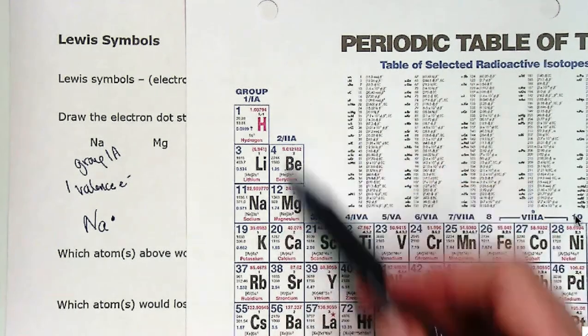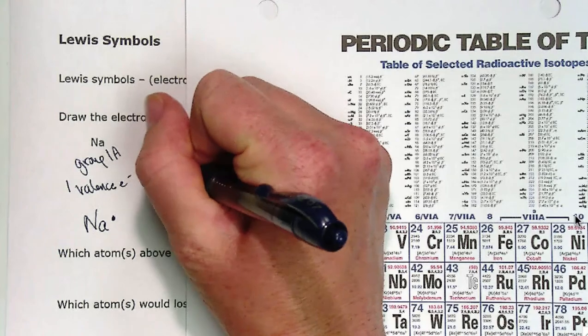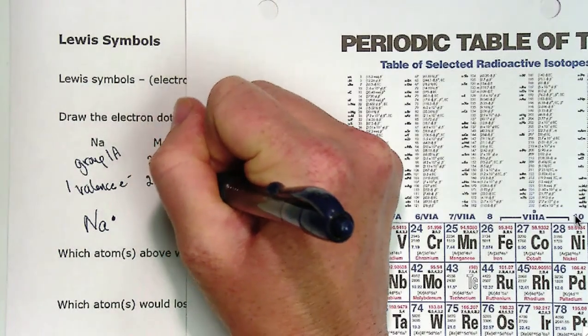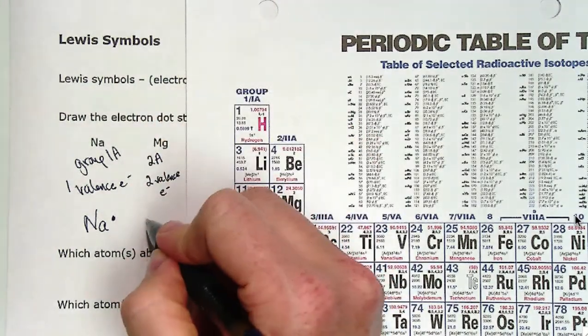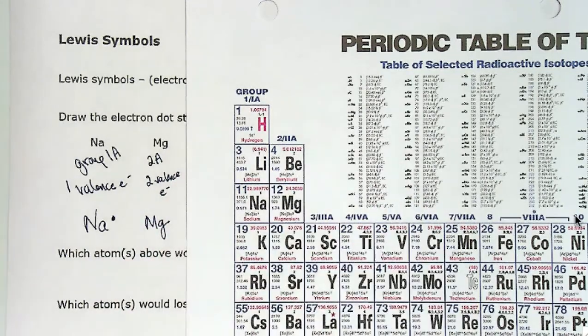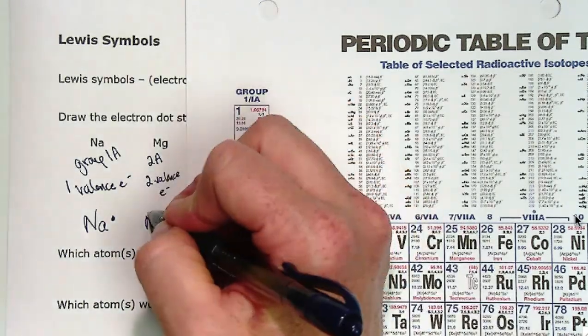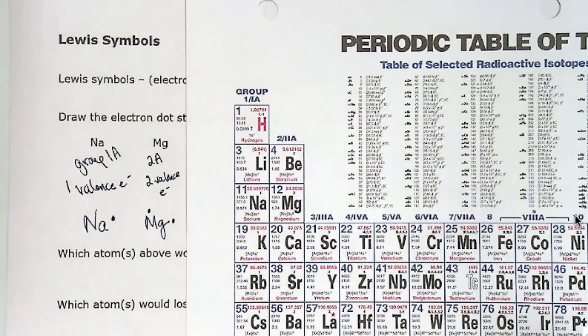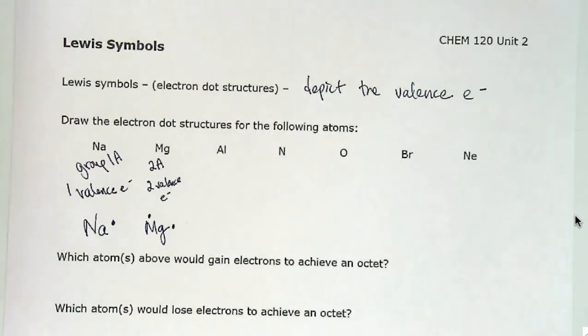Okay, magnesium is in group 2A, so it has 2 valence electrons. So magnesium's dot structure will look like this. Now, when you're drawing Lewis symbols, you want to leave them unpaired as long as possible.